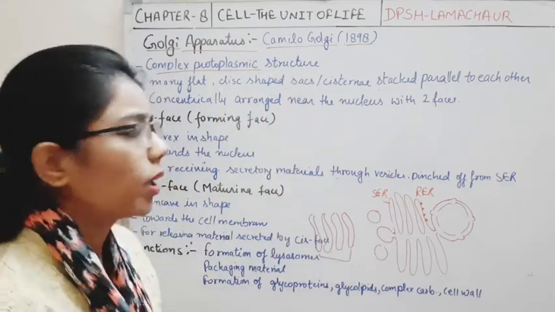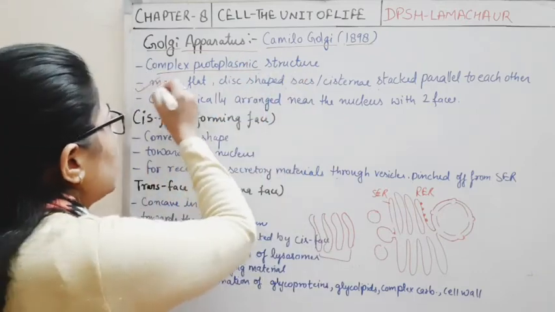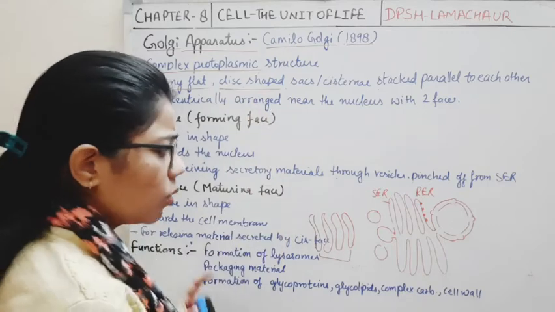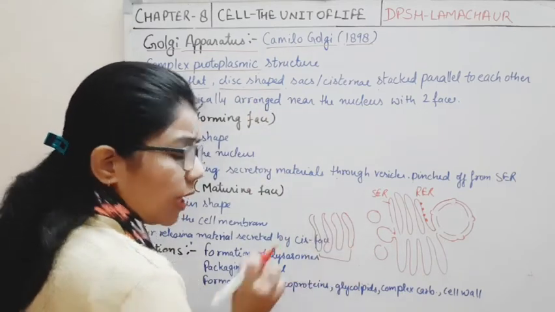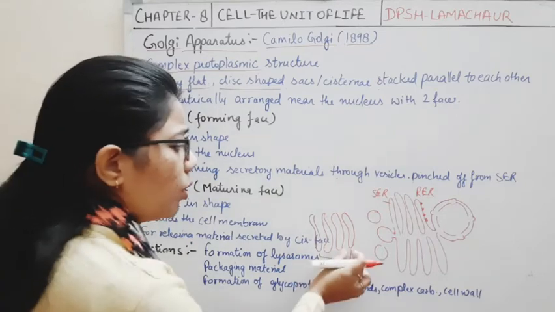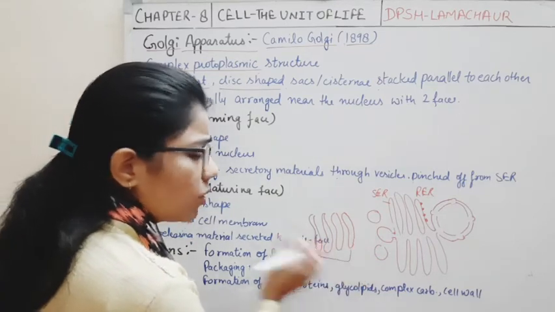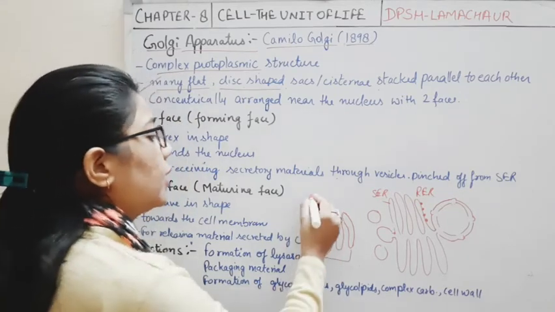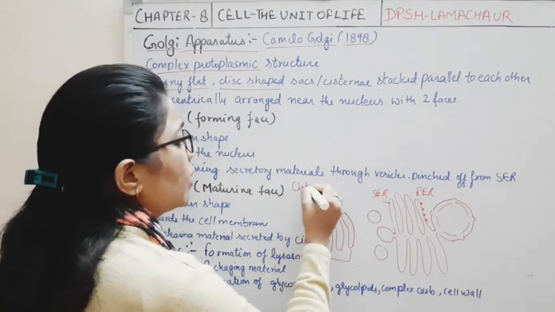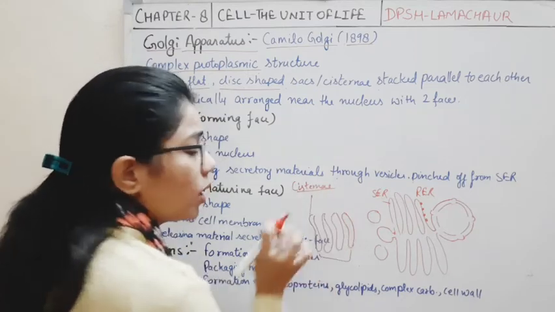Now comes another one, the many flat disc shapes. What you are watching here is that they have flat sac-like structures, which are known as cisternae. So what are cisternae in the Golgi apparatus?